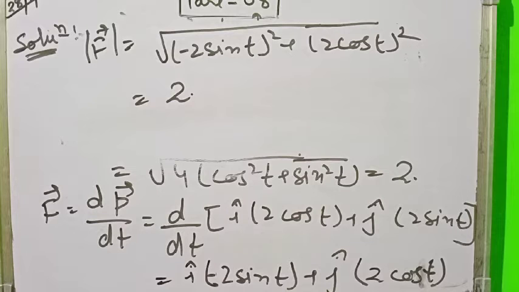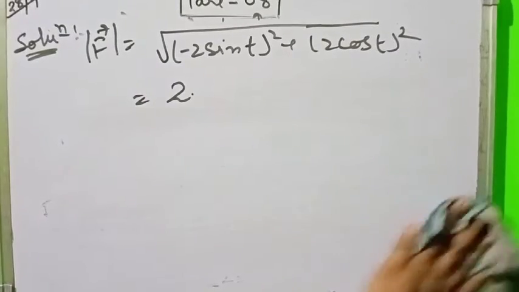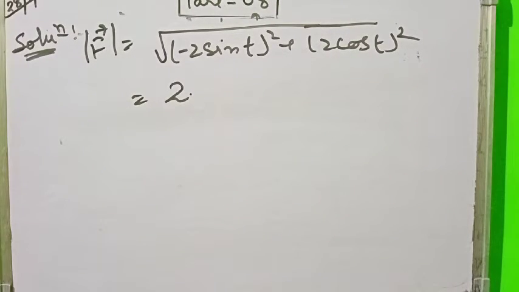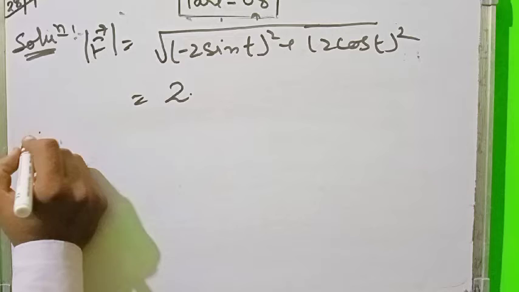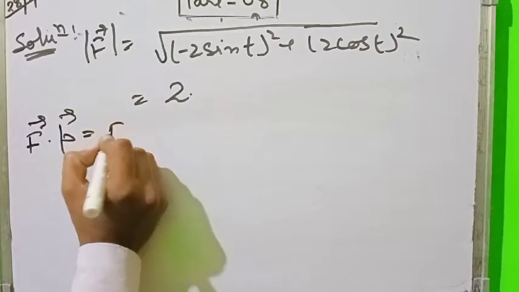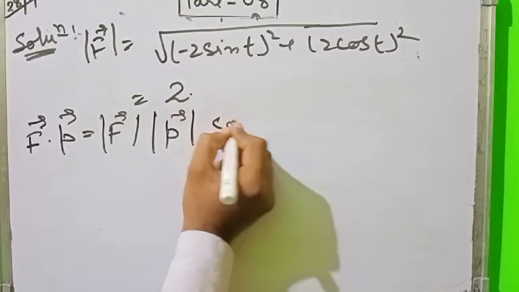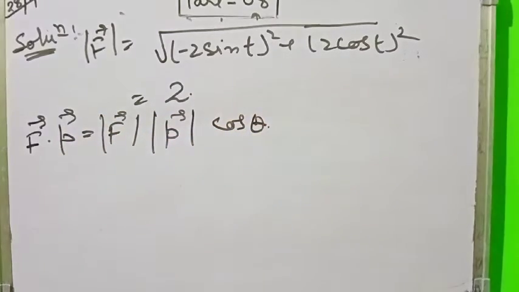For the angle you have to take the dot product between force vector and momentum vector. So F dot P can be written as magnitude of F, magnitude of P into cos theta.